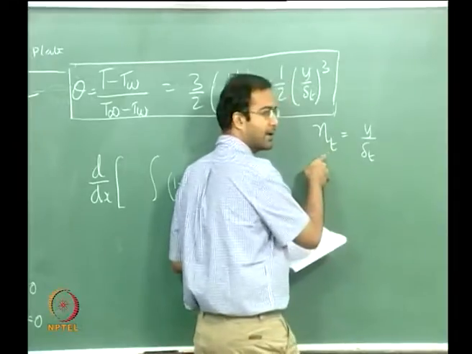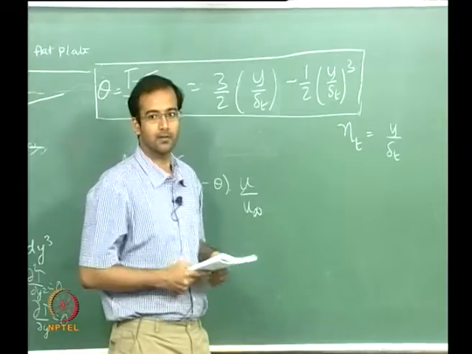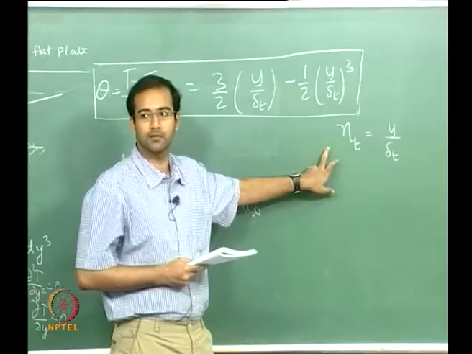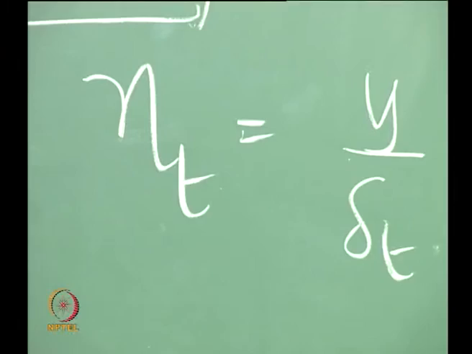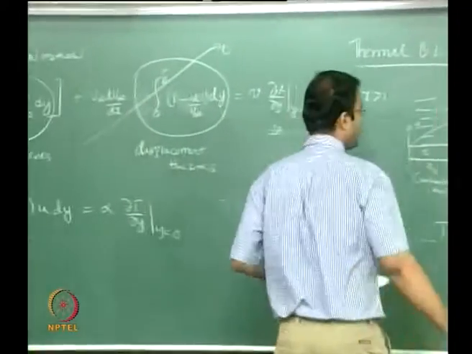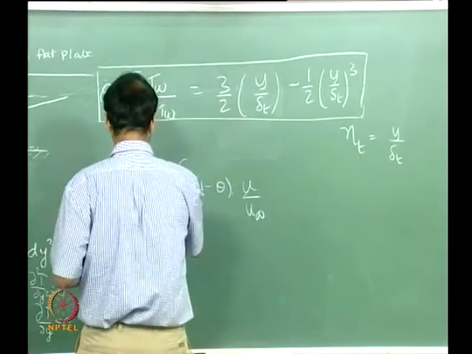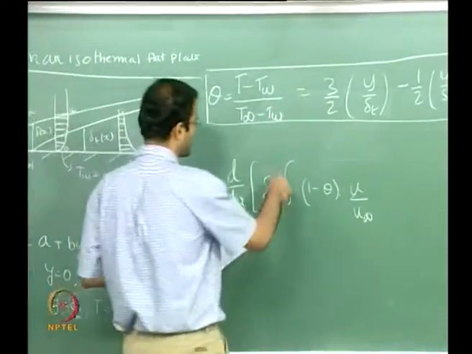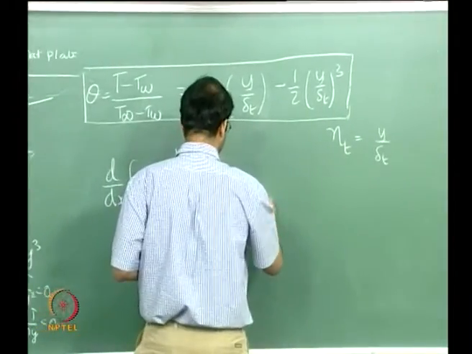This is not the similarity variable, just some notation that I am giving here. Coincidentally, for the similarity solution the similarity variable is also related as y by delta t. So I am just transforming in terms of eta: dy by d eta into d eta. dy by d eta is nothing but your delta t, which will come out, and the limits of the integral 0 to delta t will now become 0 to 1. So you have d eta t.